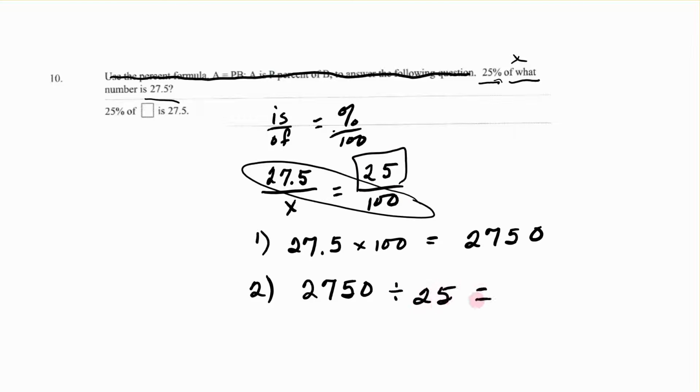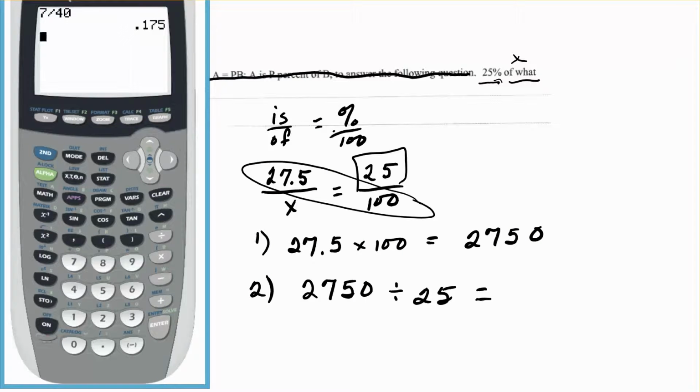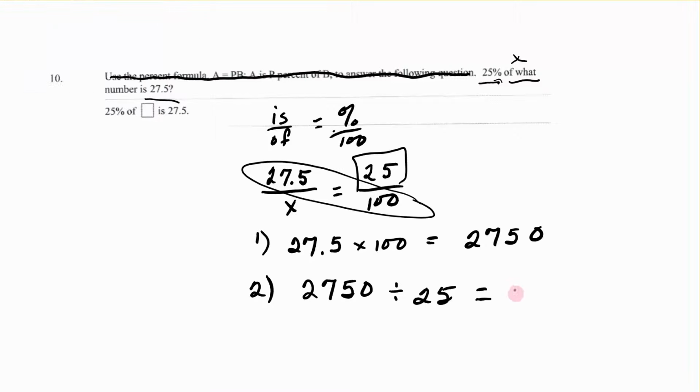All right, calculator. 2750 divided by 25 is 110. So 25% of 110 is 27.5.